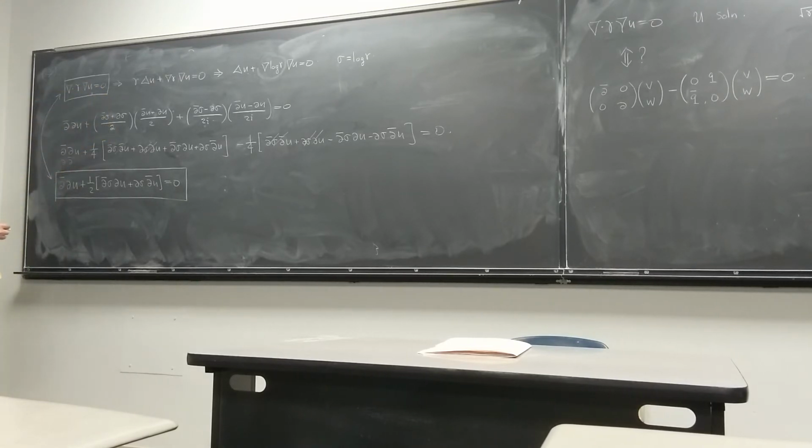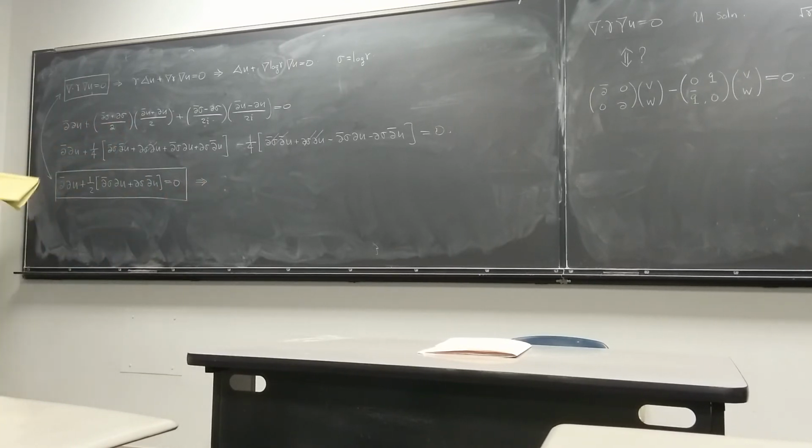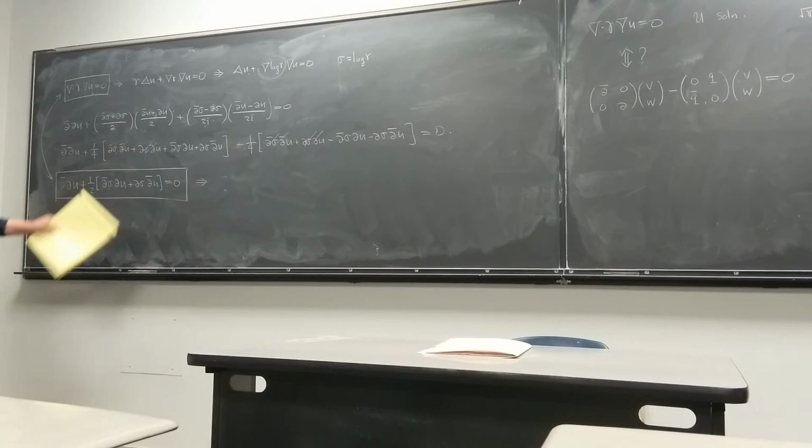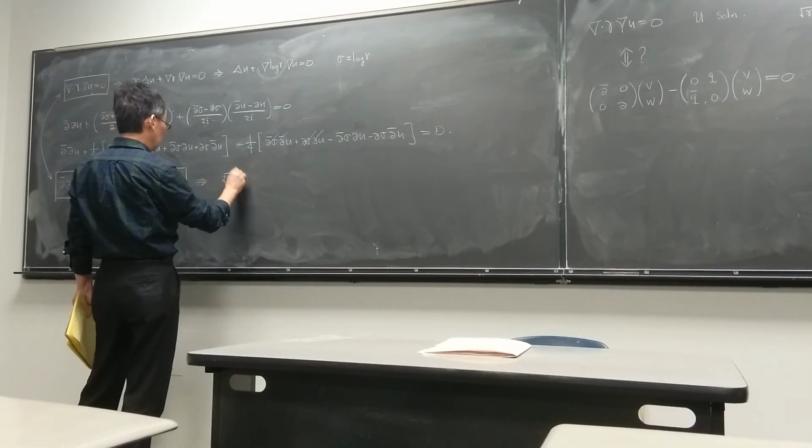Here I don't care about the order, but now we pay attention to this order. So from this equation, I'm going to multiply by square root r, and also I'm going to put back what the sigma is.